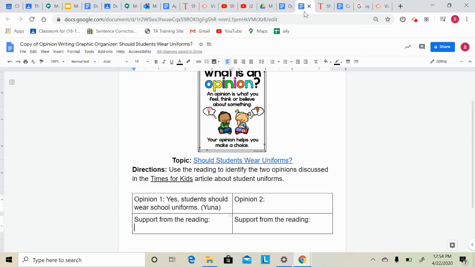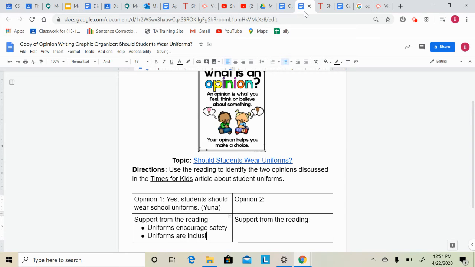This means to me uniforms encourage safety. That's one fact to me. They're all about safety. Another fact is uniforms are inclusive. So to me, that means that everyone is included.